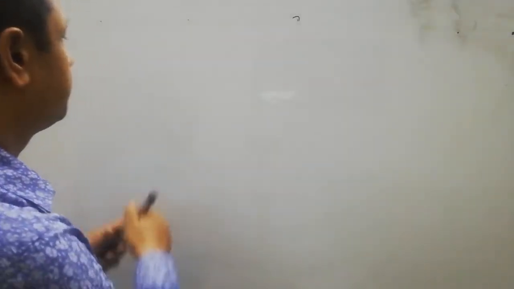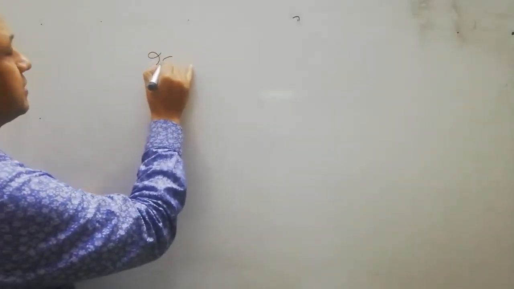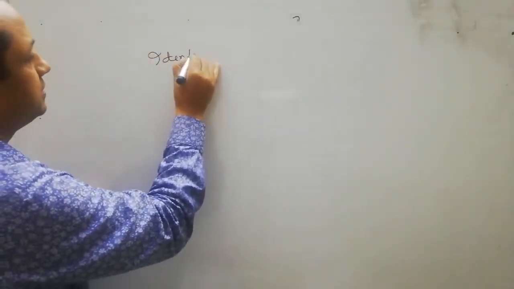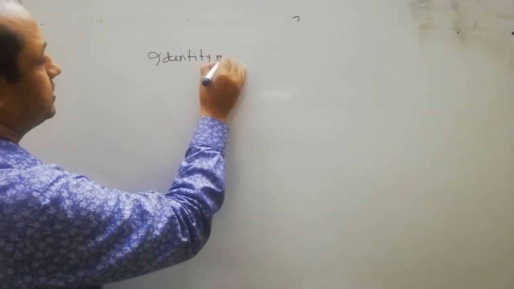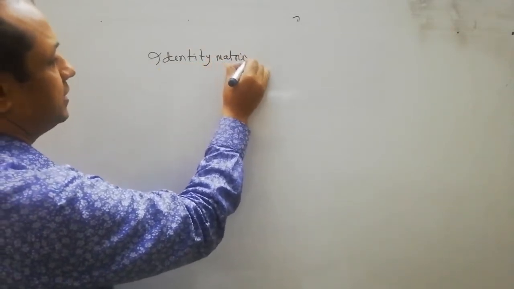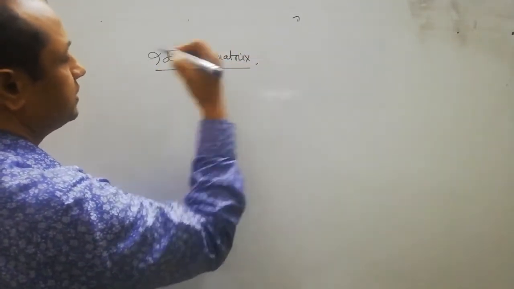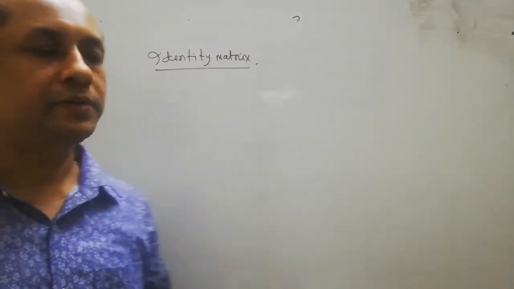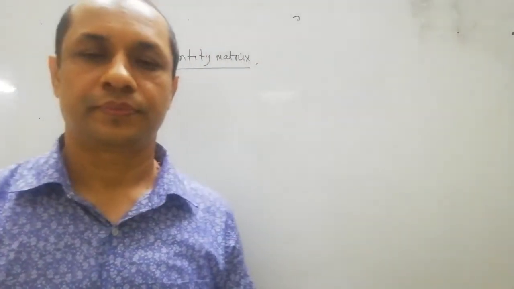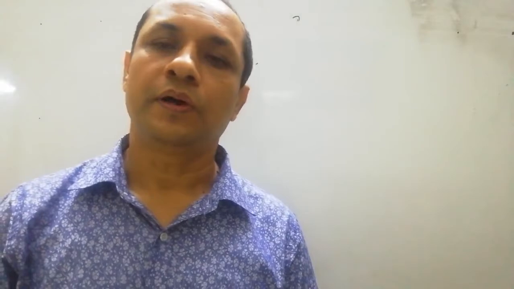Now students, identity matrix. What do you mean by identity matrix? An identity matrix is a scalar matrix with all the entries in the principal diagonal equal to 1.